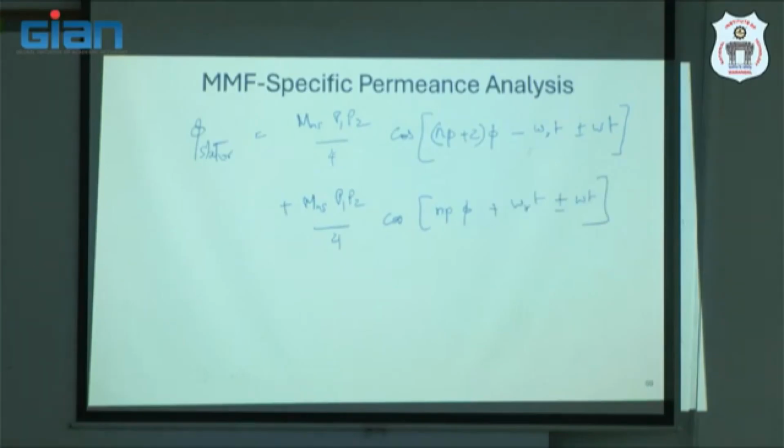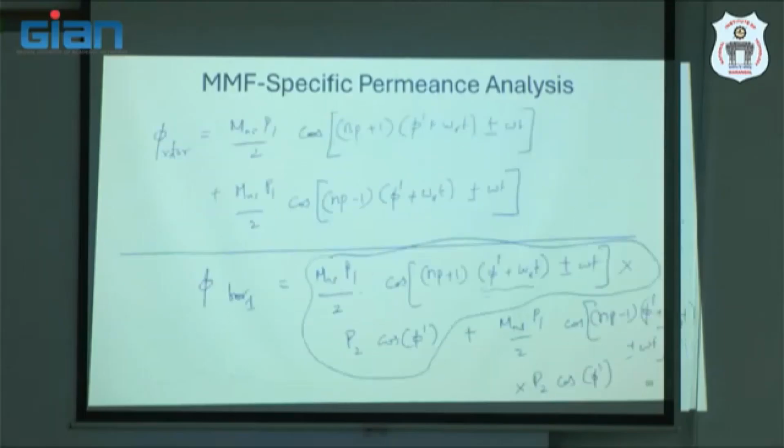Right? So this flux in the air gap can induce currents in the stator windings provided the pole pair numbers of this function match that of the original stator MMF.